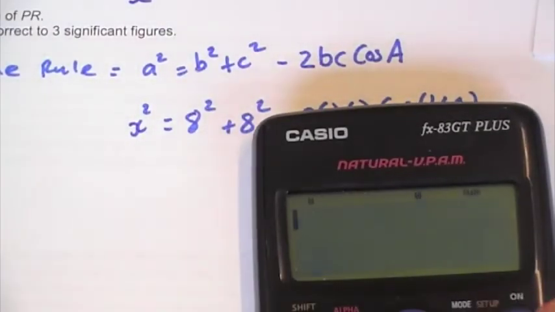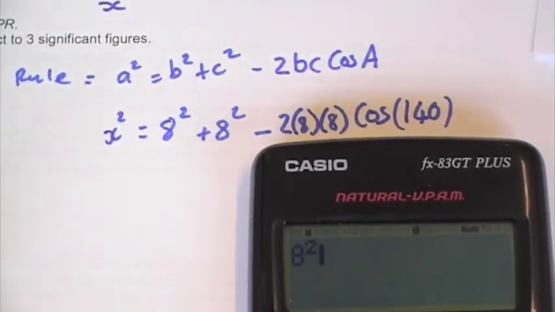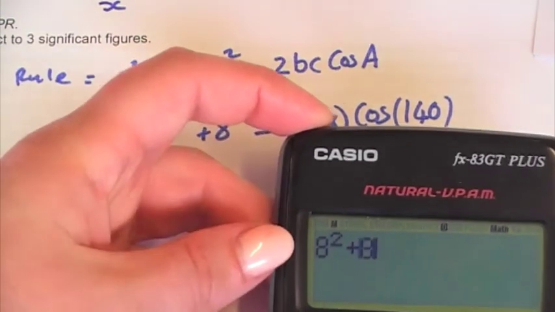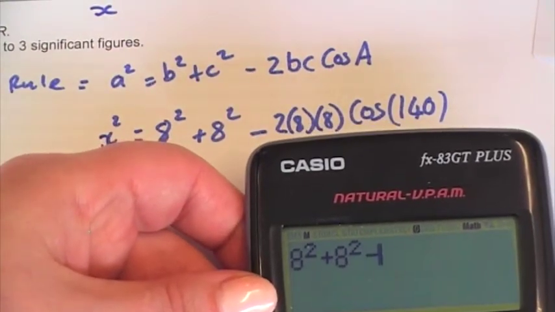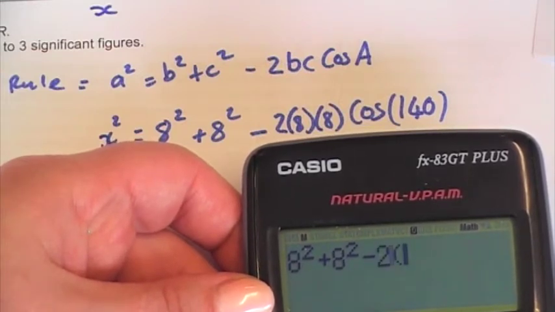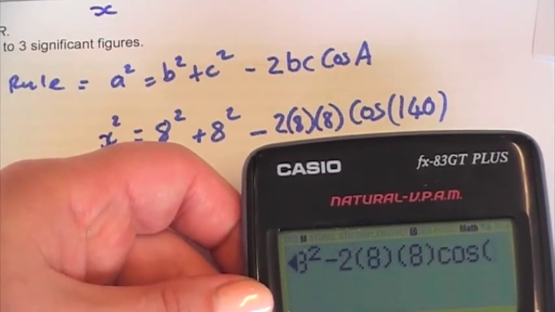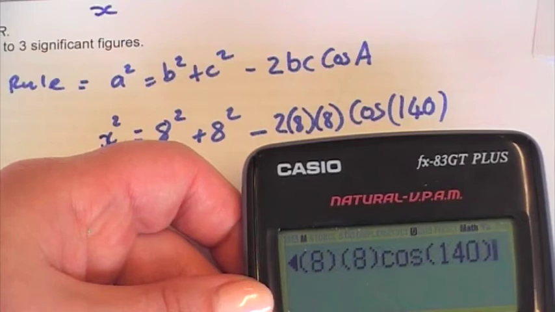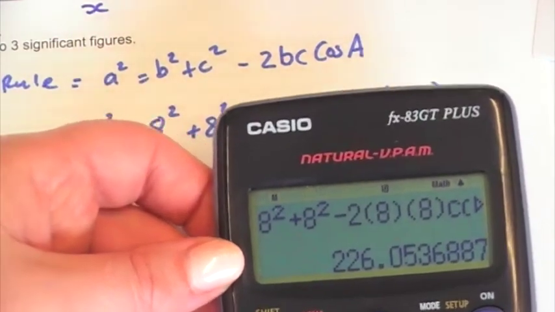So turn it on. 8 squared plus 8 squared minus 2 open bracket 8 close bracket open bracket 8 close bracket cos of 140 close the bracket off equals 226 point blah blah blah.